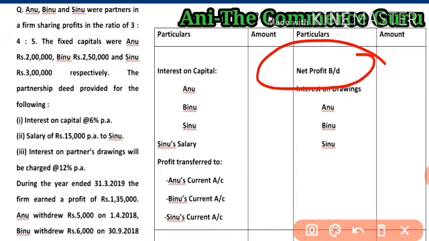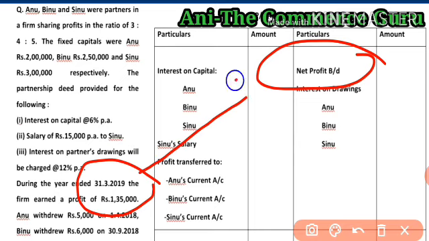So directly we can take this net profit to the credit side of the profit and loss appropriation account. Hope it is clear. Remember students, we already had a lecture on preparation of profit and loss appropriation account in the last lecture. I hope that is very much clear to you. To make for a better understanding, we are going to do a question and see how the P&L appropriation account is prepared.